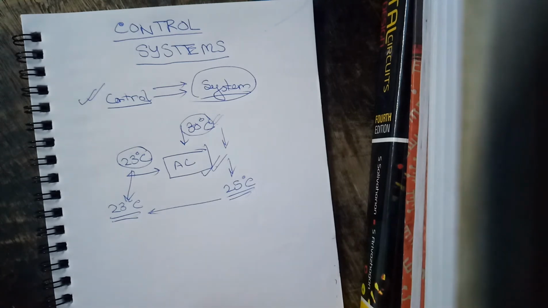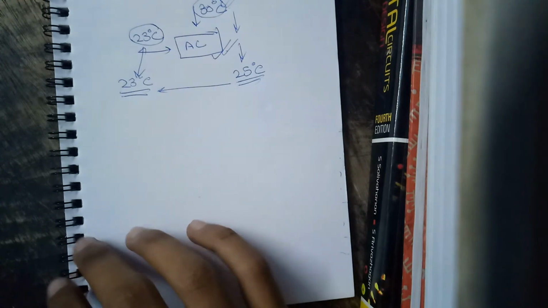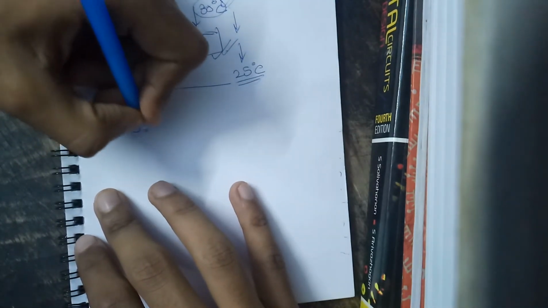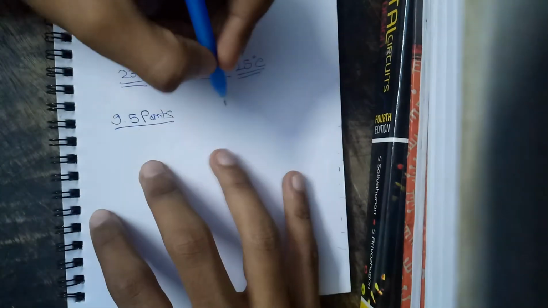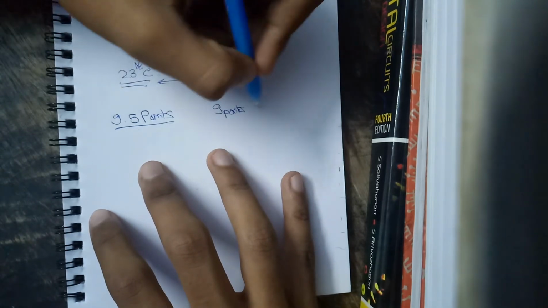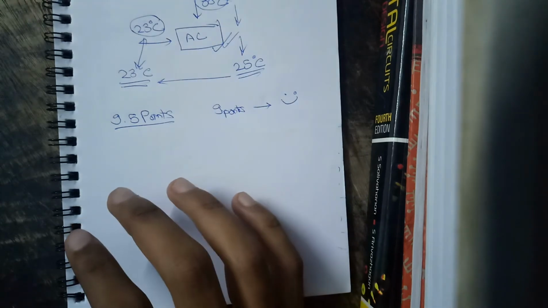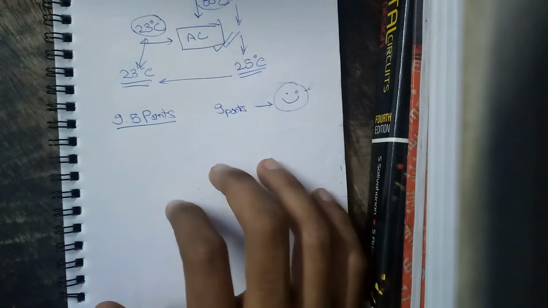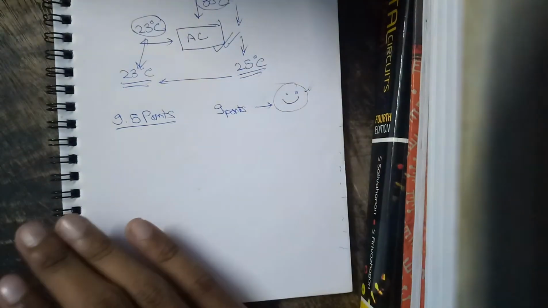Giving you a funny example, suppose you are desiring that you will get 9.5 points. You get, suppose, 9 points. You are happy. You are not sad. This happiness, or the expression that we are getting, will modify the way that you study for the next semester.